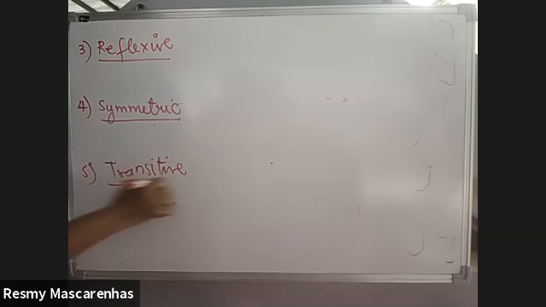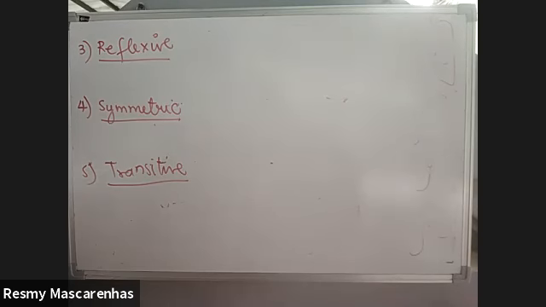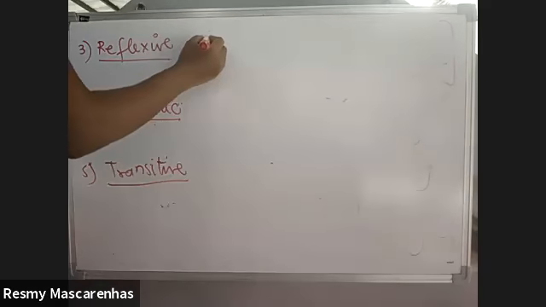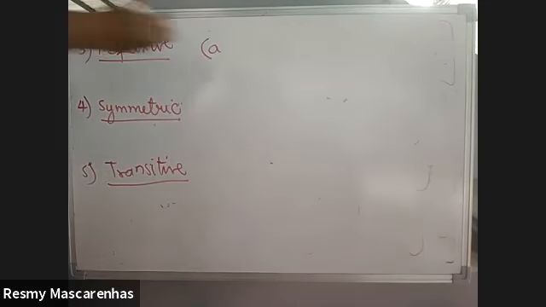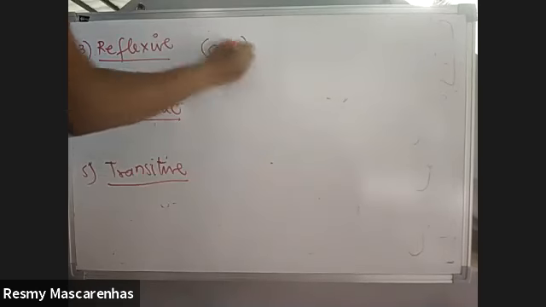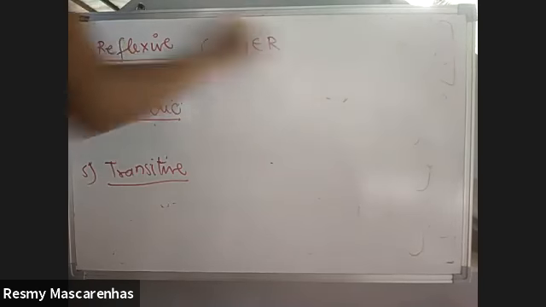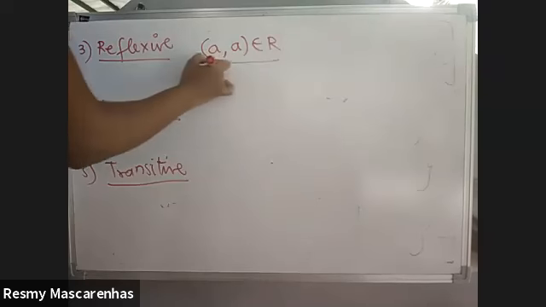And the third one is transitive. For reflexive, this condition you have to remember. Whether you want to learn it by heart or what, I don't know. But once you solve problems, you will understand automatically. Only this much you have to remember. No definition, but only this condition.